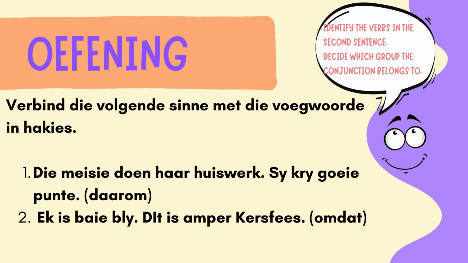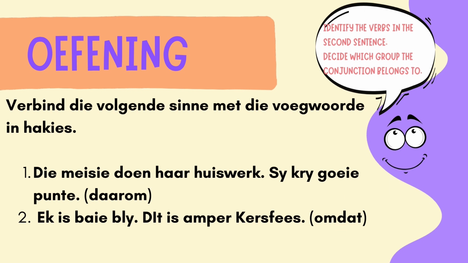Nommer 1, die meisie doen haar huiswerk, sy kry goeie punte, en die voegwoord is daarom. The girl does her homework, she gets good marks, and the conjunction, therefore. Nommer 2, ek is baie bly, dit is amper Kersfees, en my voegwoord, omdat. Right, I'm very glad, it is almost Christmas, and my conjunction, because. Nommer 3, Jack is bekommerd, sy tas is weg, en die voegwoord is want.